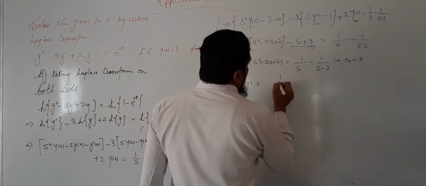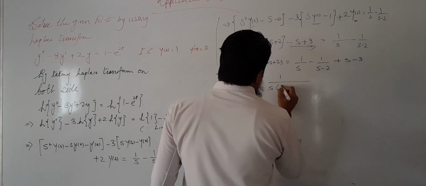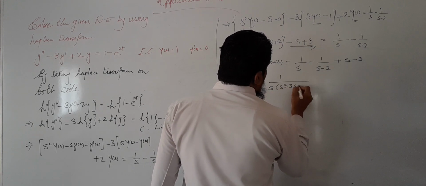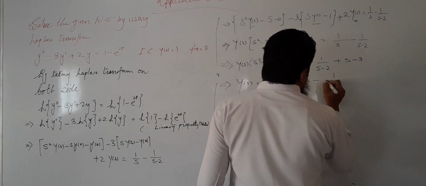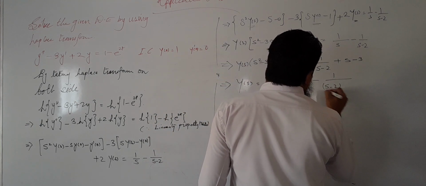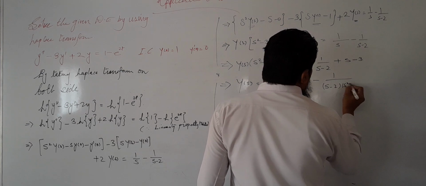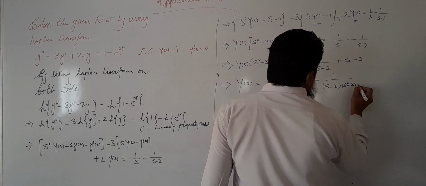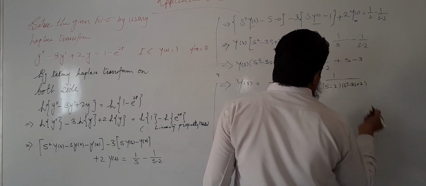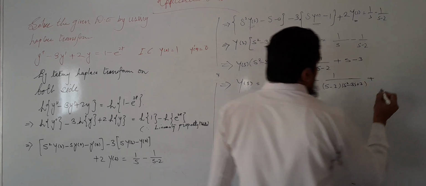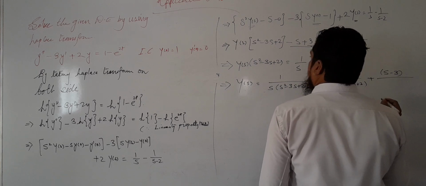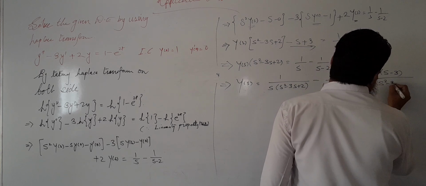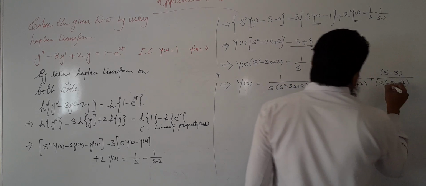So it will be y of s equals 1 upon s minus 2 times s square plus 3s plus 2, plus s minus 3 over s square plus 3s plus 2. Correct?